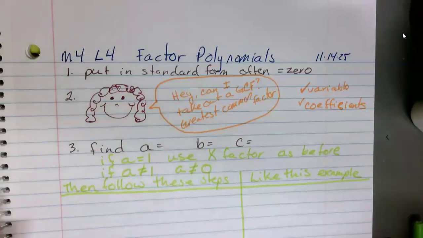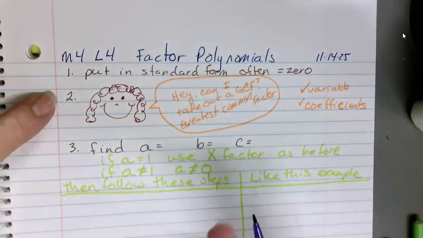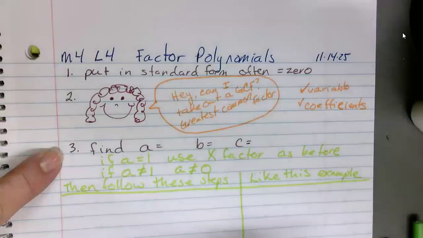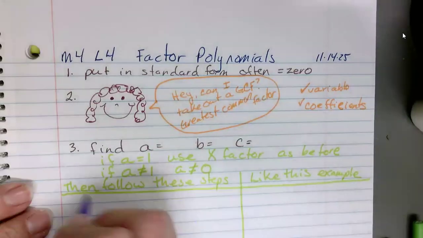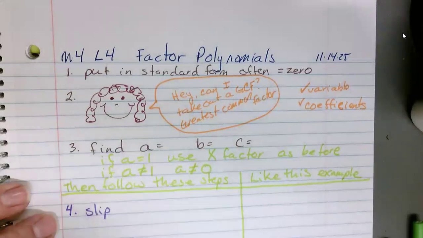I'm going to go to step 4. So we've done step 1, put them in standard form. Step 2, hey, can I take out a greatest common factor? Step 3, find A, B, and C. Step 4, we're going to call this slip and slide.